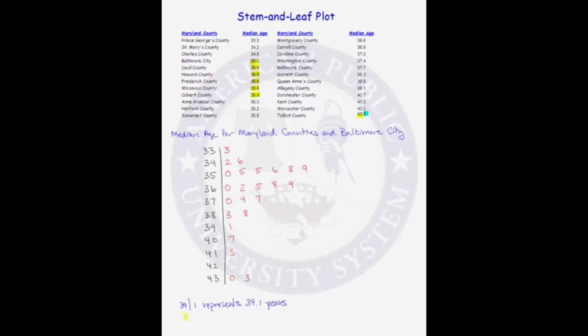And our key is 39 line 1. That represents 39.1 years. Do not forget to include years. So now the reader knows that the numbers to the left of the vertical bar represent whole number of years, and the digit to the right of the vertical line represents the decimal number of years.